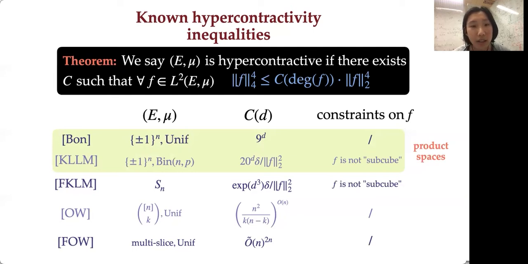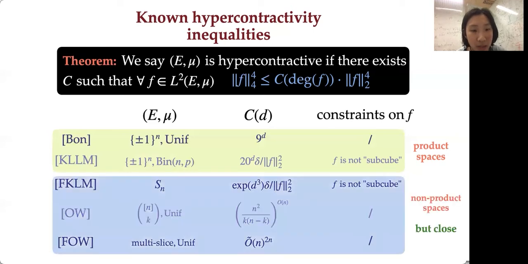These two product space domains both get a hypercontractivity inequality, and the intuition is that a product space can be thought of as a generalization of the Boolean hypercube. We just replace the Fourier analysis technique with a generalization of the Fourier decomposition to the product space. This decomposition is called the Efron-Stein decomposition, and many of the steps still go through. So in general, for product spaces, we do have some sort of hypercontractivity inequality. This is the intuition for these first two lines.